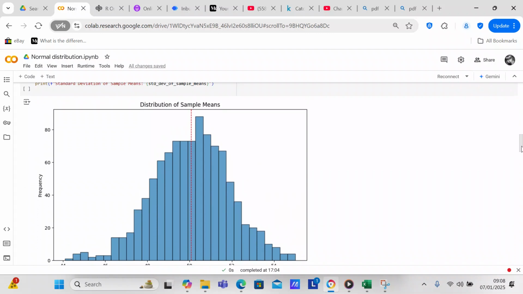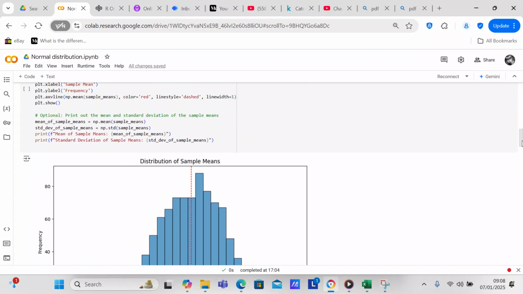You created a really big normal distribution of 100,000 pieces of data. Then you created, I think it was 1,000 samples from the big population, and you got the means of those 1,000 samples. When you got the means of those samples, that created a normal distribution.